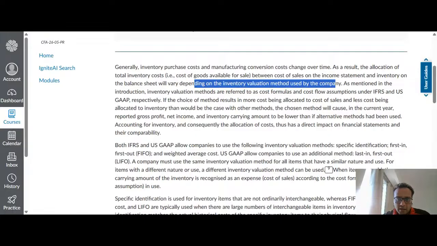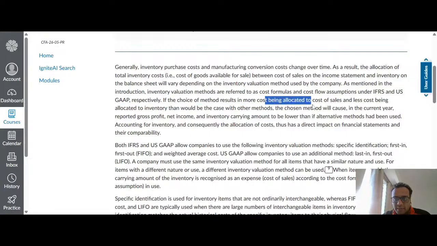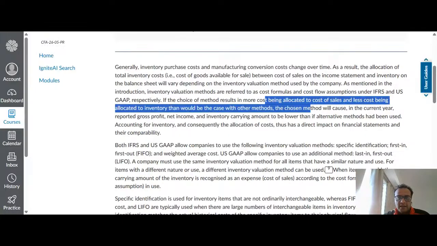As mentioned in the introduction, inventory valuation methods are referred to as cost formulas and cost flow assumptions under IFRS and US GAAP. If a choice of method results in more cost being allocated to cost of sales and less being allocated to inventory, then would be the case with another method.